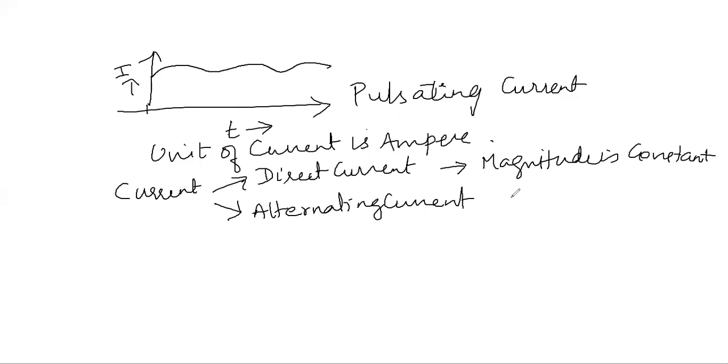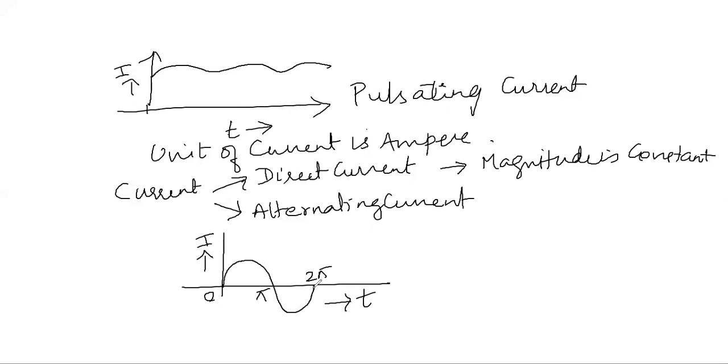Next, when we take alternating current, with respect to time, the current keeps on reversing its direction. If you see for the time period from 0 to pi, it is in the positive peak, and from pi to 2 pi, it is in the negative peak.